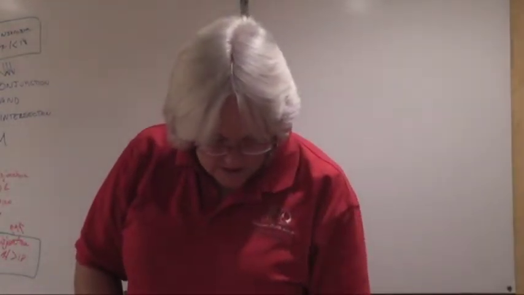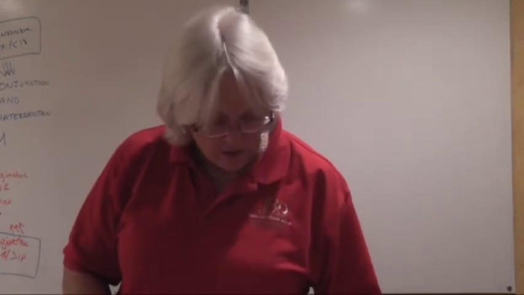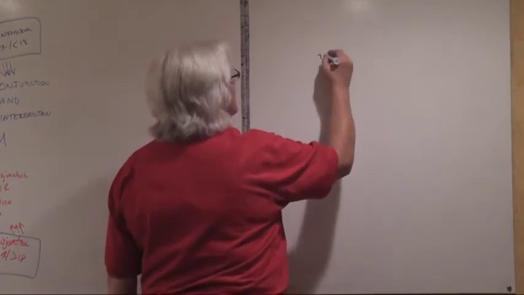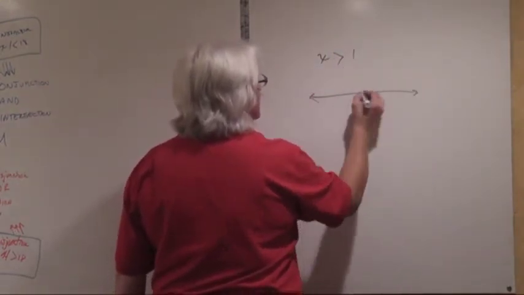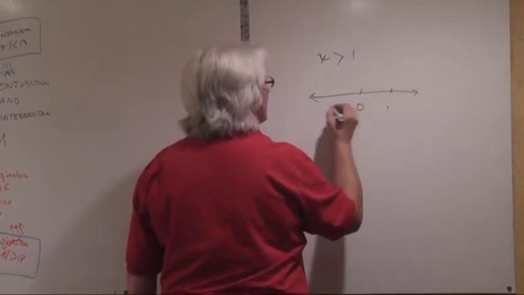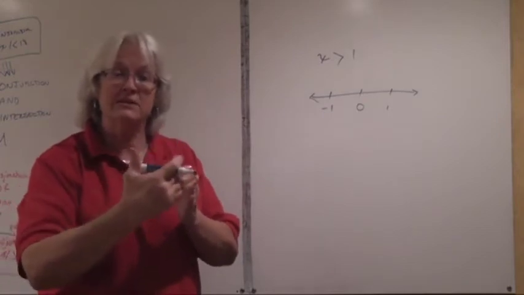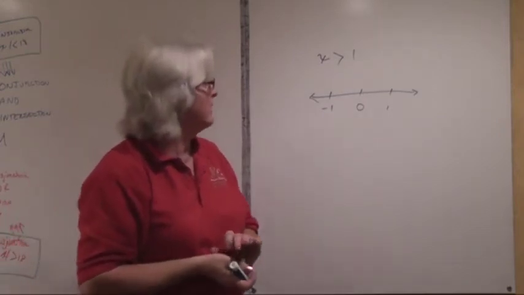Example 3 says, let's look at the absolute value of x is greater than 1. Absolute value of x has to be greater than 1. Back to our definition of absolute value. Absolute value is the distance from 0 of a number on the number line.